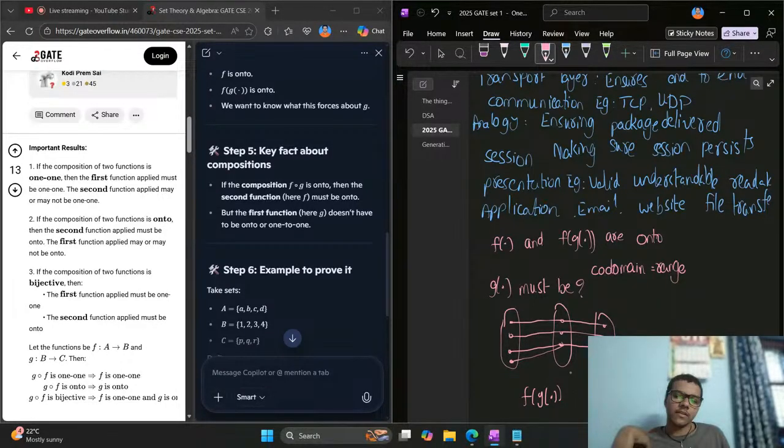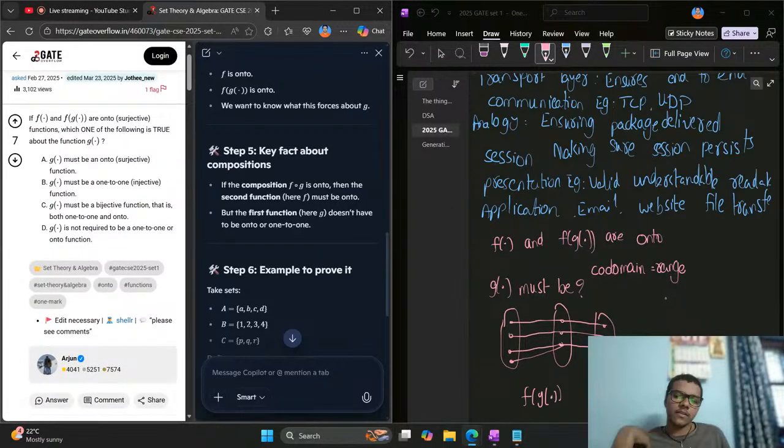So if you do f of g of x, since this is not one-one, then this cannot be one-one. That makes sense. And if the second one is not onto, then f of g of x is not onto. Yep. That makes a lot of sense.